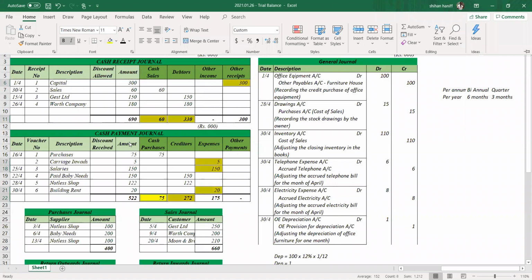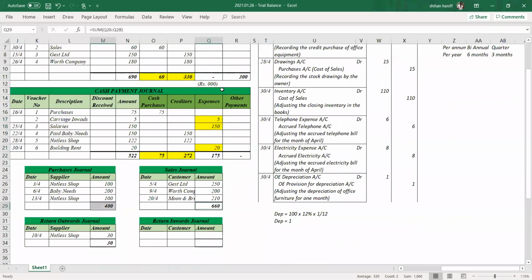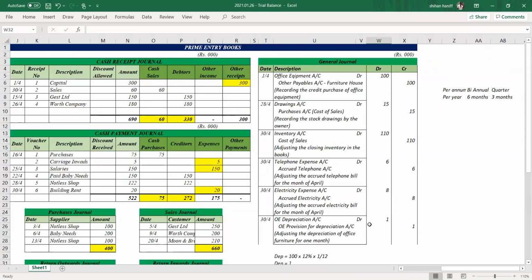So I'm highlighting the ledger accounts that we need for this question. Then we need sales and purchases, and a return outwards account. So let's draw the ledger accounts for the question.